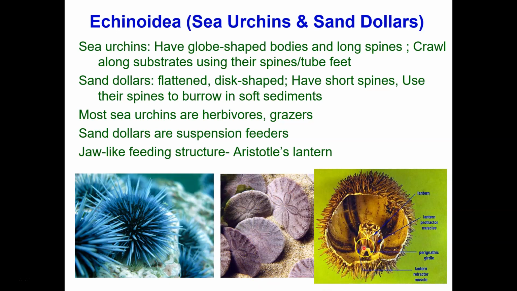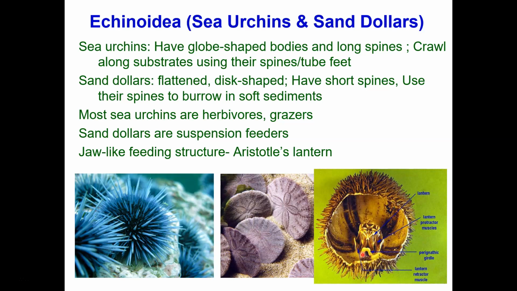This is actually Aristotle's lantern; you're looking at a sea urchin. When you break up the sea urchin shell, remember what I mentioned about the fact that they have an endoskeleton, which is kind of fused. If you break it up, inside you see the Aristotle's lantern, right? Now I do not want you to memorize this labeling. I provided that for you to understand what this is, right?